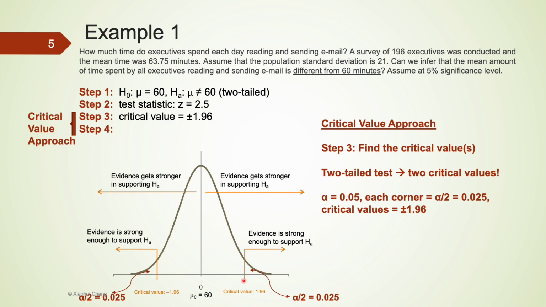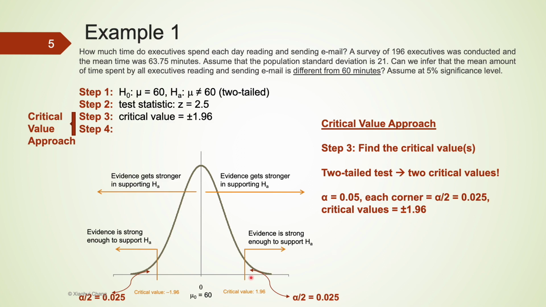We're going to use the level of significance, which is given to us to be 5%. So this is a small corner to the left of the negative critical value. There's a corner to the right of the positive critical value. These two corners should add up to 5%. And using the symmetry of a bell curve, we know each corner should be half of 5%. So that's going to be 2.5% or 0.025.